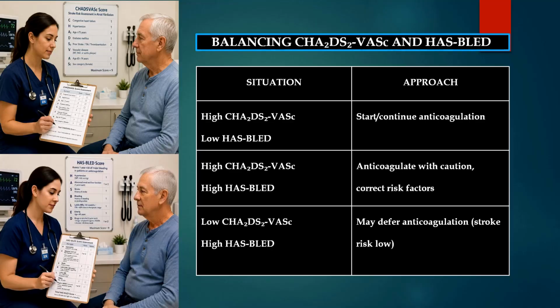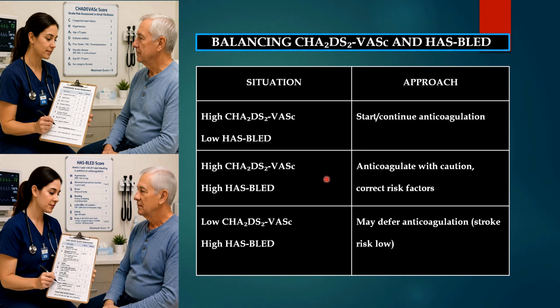As I said before, the anticoagulants can be considered only after assessing the stroke risk and bleeding risk by using CHADS-VASc score and HAS-BLED score. If the CHADS-VASc score is high and the HAS-BLED score is low, the patient can be initiated on anticoagulants.